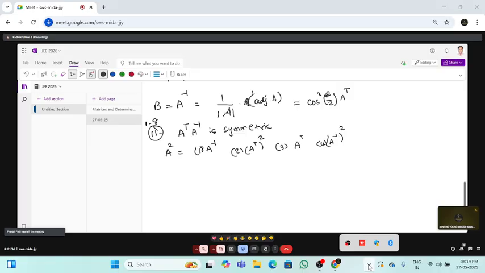Sir, A transpose the whole square. You're getting A transpose the whole square. Okay. Not directly, sir, I had made a substitution.